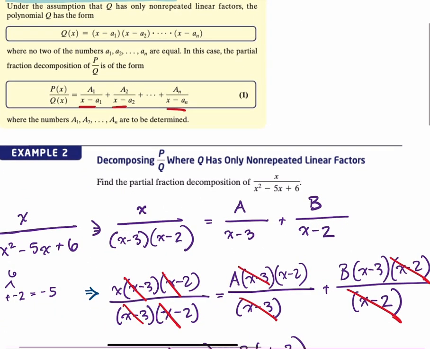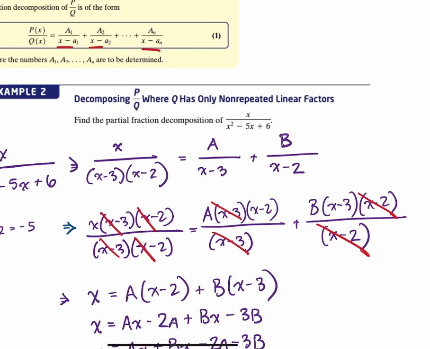So for us, we had x over x minus 3 times x minus 2. It splits up into two fractions with x minus 3 in one with some unknown a in the numerator, and then x minus 2 in the other one with some unknown b.